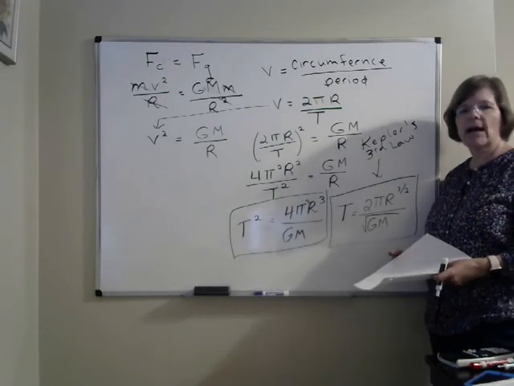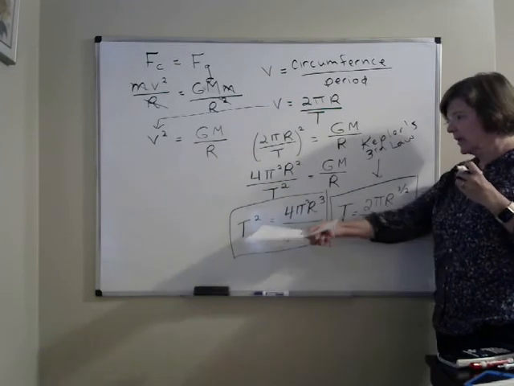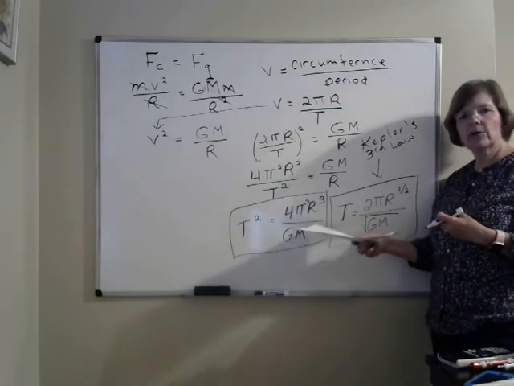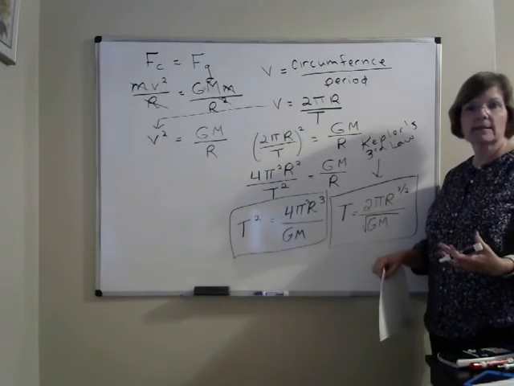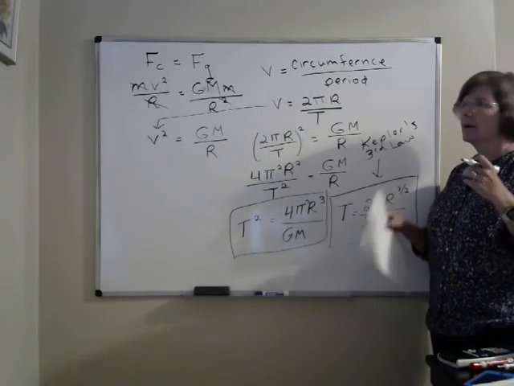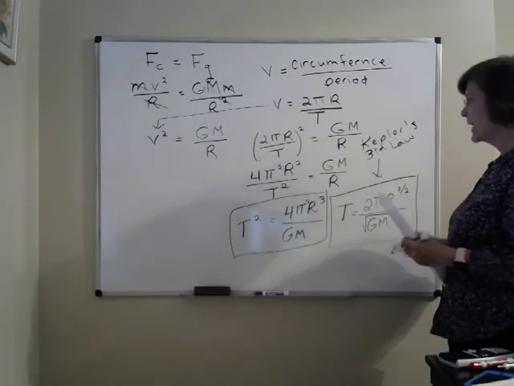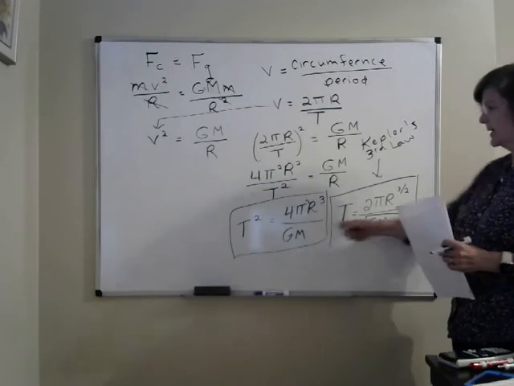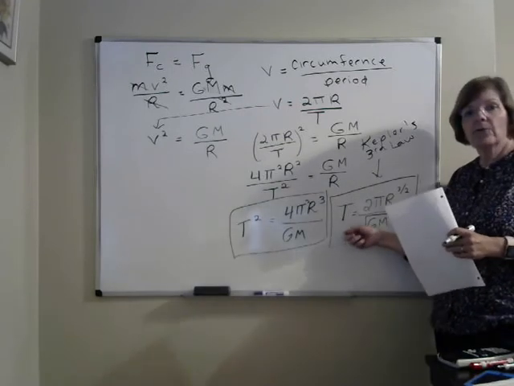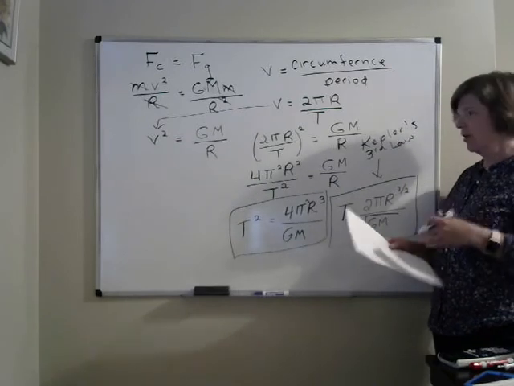He figured it out from data, for all of the planets orbiting our sun. Newton used Kepler's third law to help him develop universal gravitation. But Kepler was pretty brilliant to come up with this before we had universal gravitation, strictly based on the data.